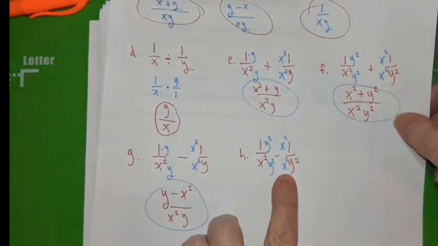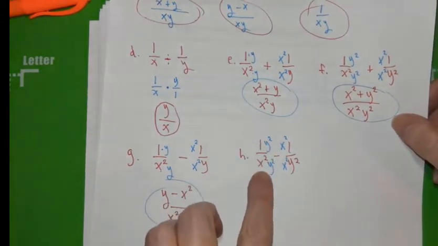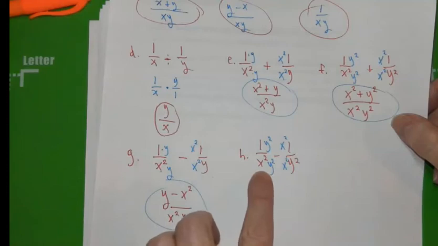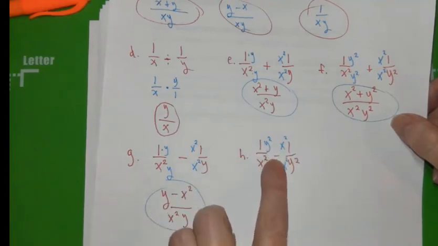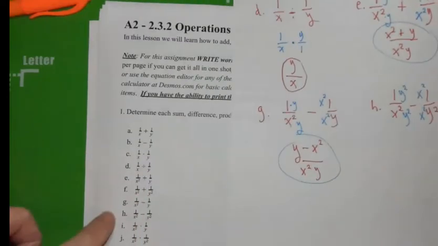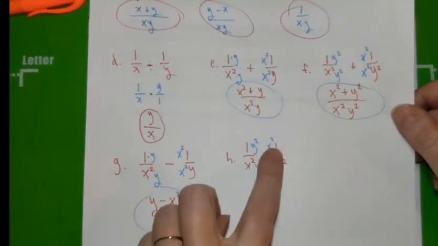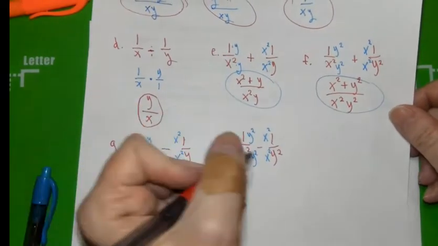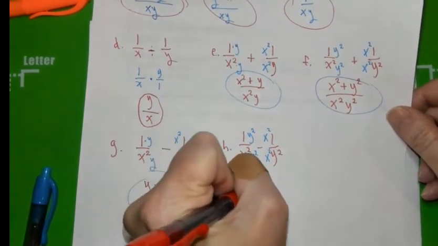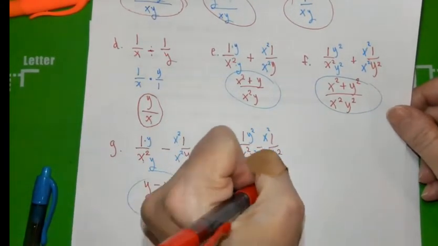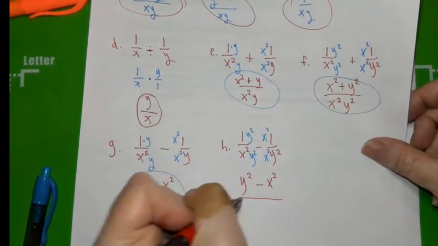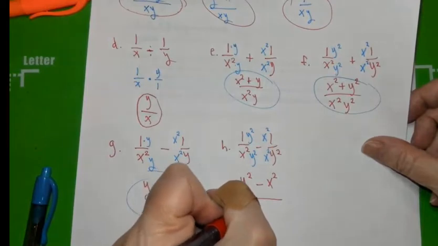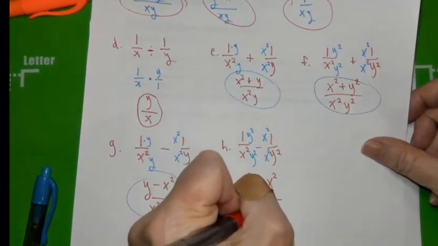Now the one on the left and the right have the same denominator, x squared y squared. Let's combine our numerators. Since there is a minus sign, I need to subtract in that order, so I'm not going to turn them around. We'll put y squared first, minus x squared, and leave the denominator x squared y squared.